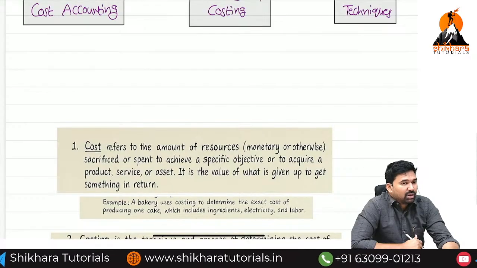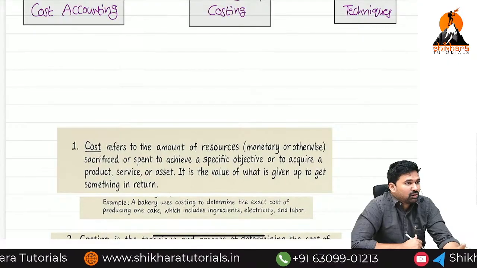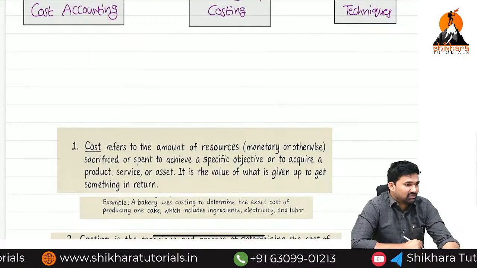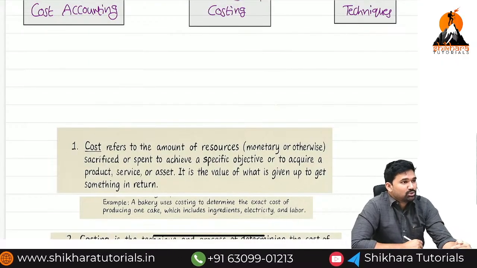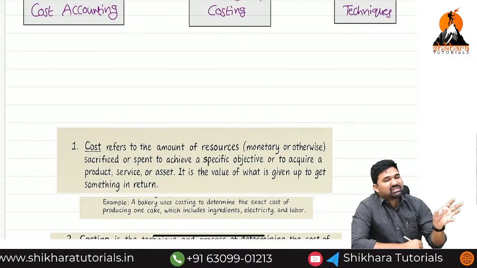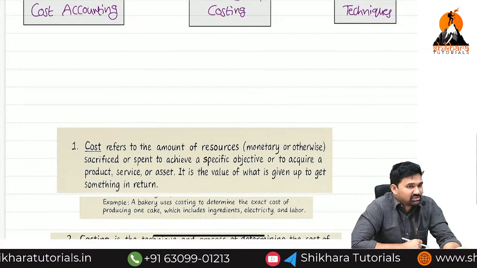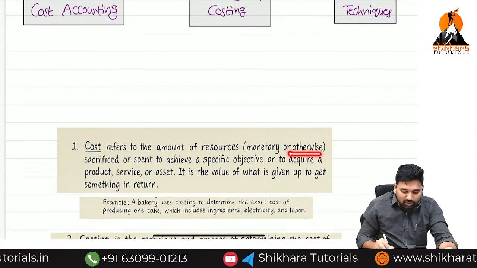But now, are you getting that rent? No, you are not getting that rent. Why? Because you yourself occupied that floor and you are not going to pay any rent to yourself. That means the sacrifice of resource. You sacrificed 50% of your own building for your office purposes. That is sacrifice of resources. That is non-monetary sacrifice.